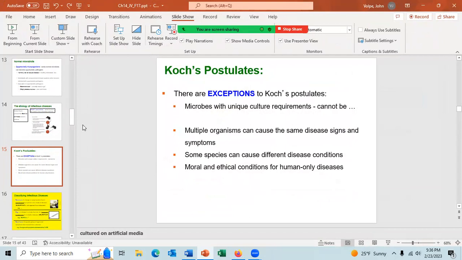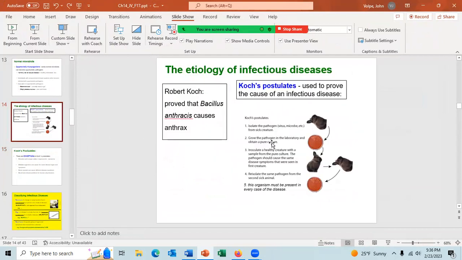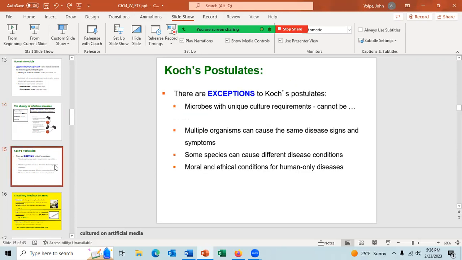Would we ever use Koch's postulates to show that HIV causes AIDS? You have to isolate the virus, inject it into a healthy individual, and then check to see if they develop AIDS. We would never do that for moral and ethical reasons. Okay, so occasionally Koch's postulates have exceptions.